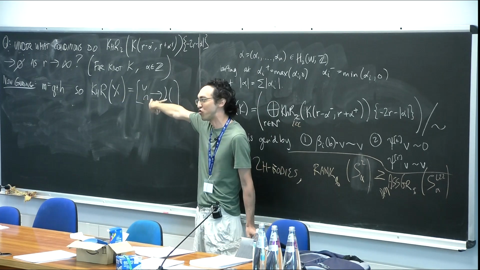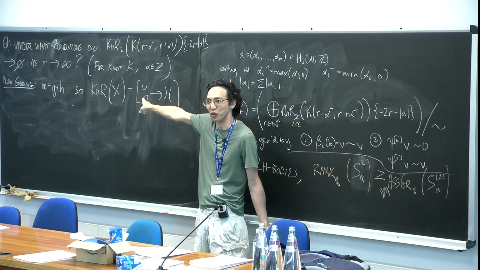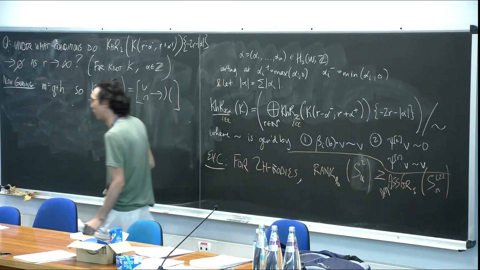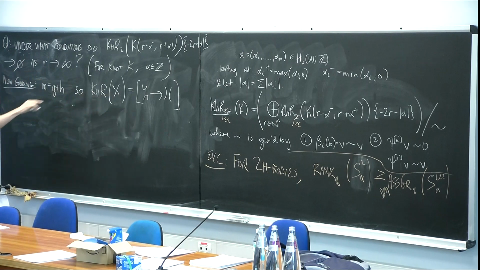There are no M grading shifts in this formula for what you do with the crossing. If you go back and look at what the various grading shifts are in this formula, when you sum the gradings, there are none.